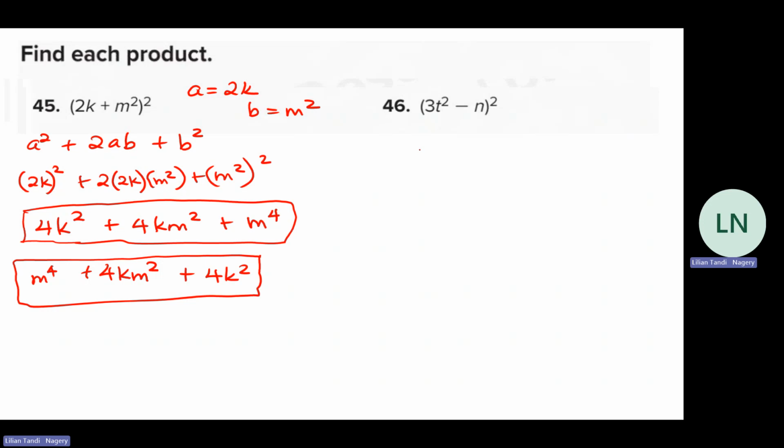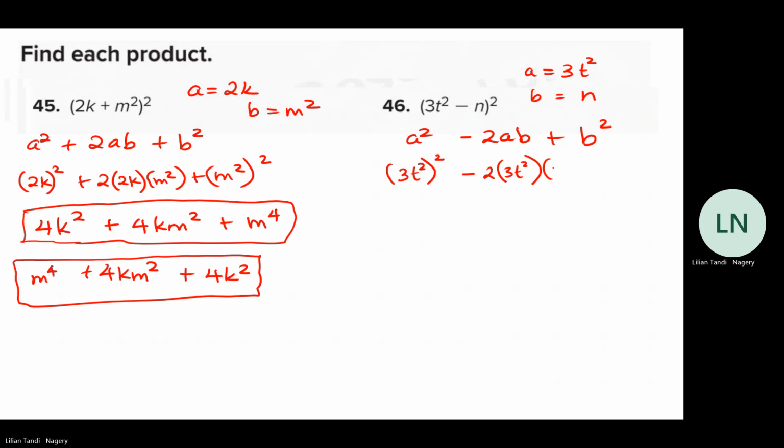Okay. All right, let's do this one. Okay, this is a squared minus 2ab plus b squared. Your a is 3t squared and your b is just n. So 3t squared, square it, minus 2 times 3t squared, okay, plus n, and you square that.